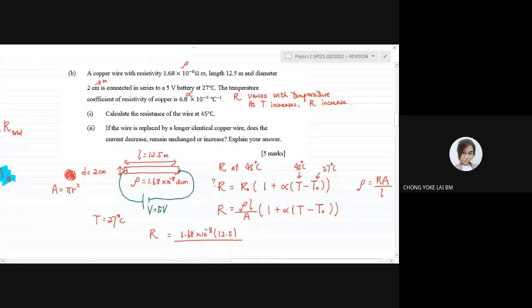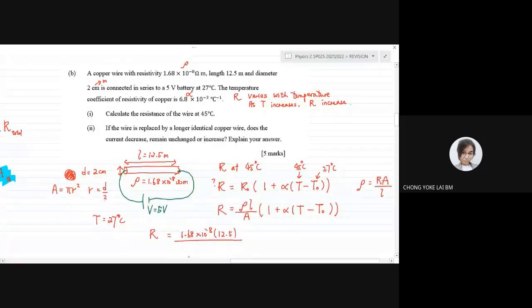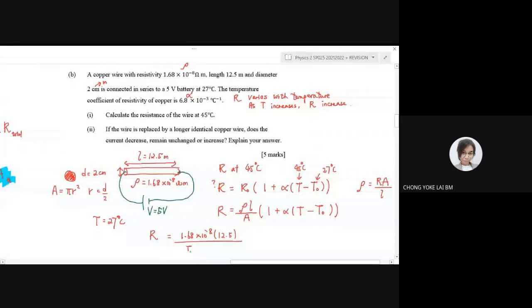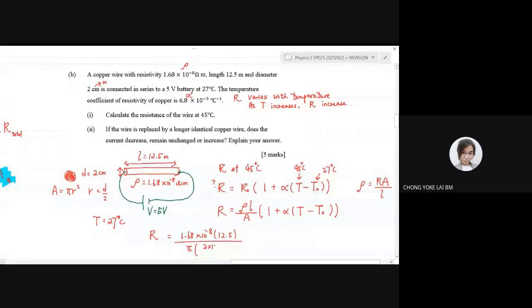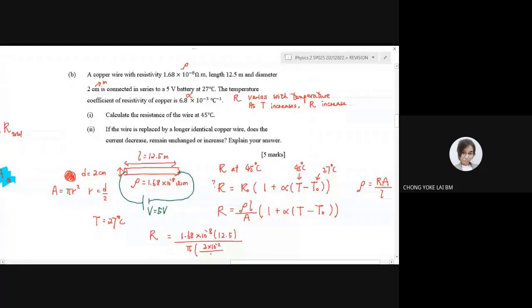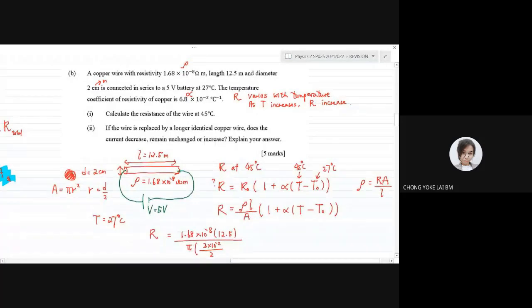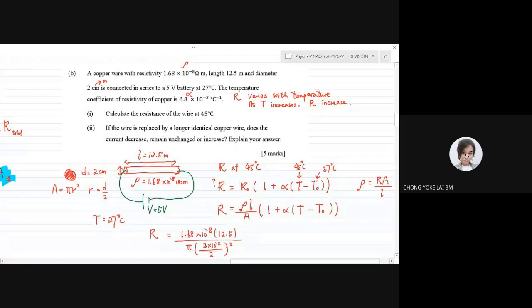Bulatan kan? Pi r squared. R adalah diameter bahagi 2. So kita boleh teruskan di sini pi, 2 to the power of negative 2 tukar kepada meter, divide by 2 sebab diameter bahagi 2 baru dapat radius, kuasa 2 pi r squared.